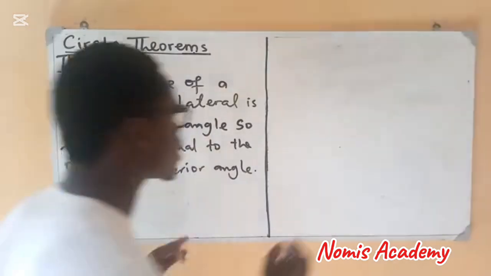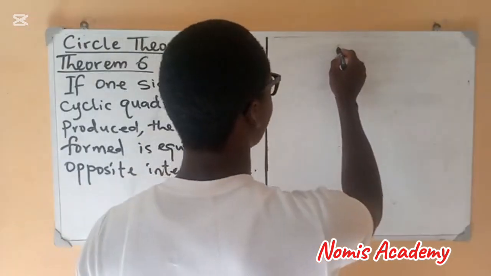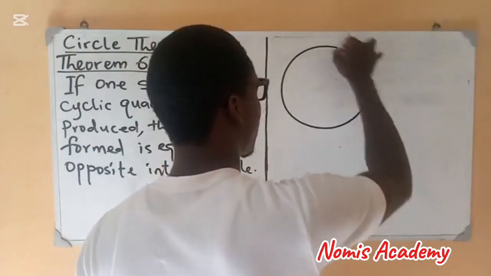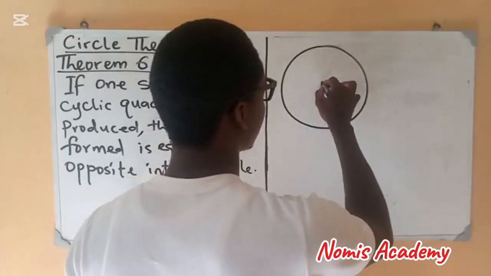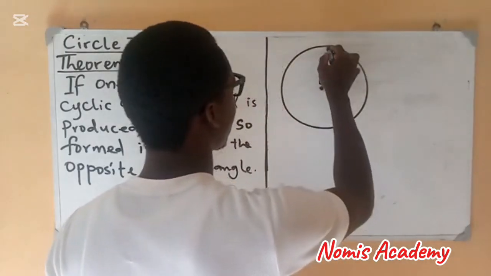So let's take the diagram. We have a cyclic quad. Here is the center of the circle.